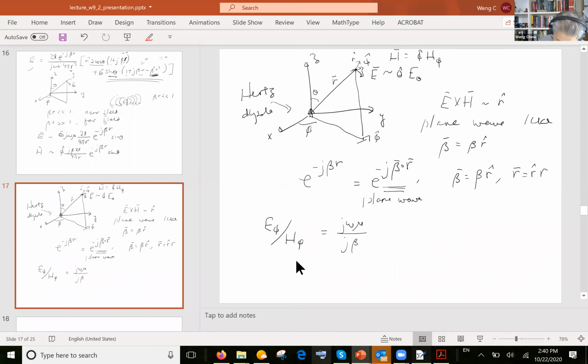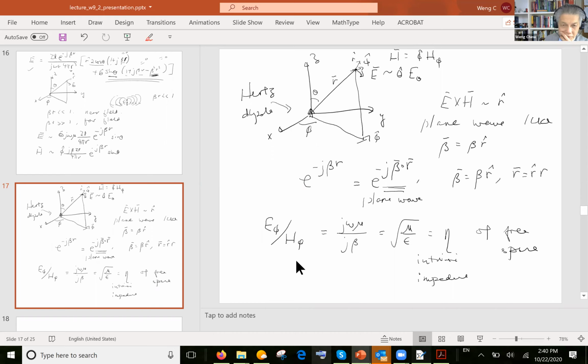And this is equal to the square root of mu over epsilon, which is just equal to eta of free space, the intrinsic impedance of free space. Okay. Are there any questions so far?